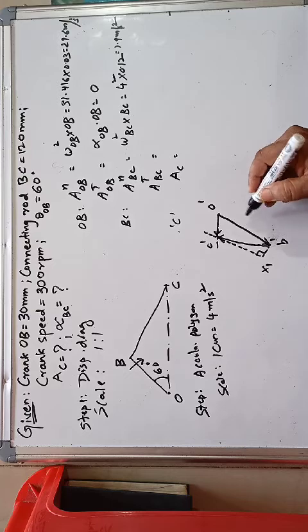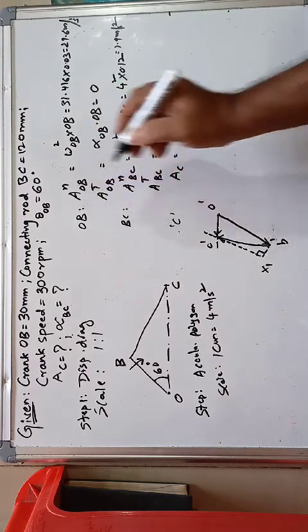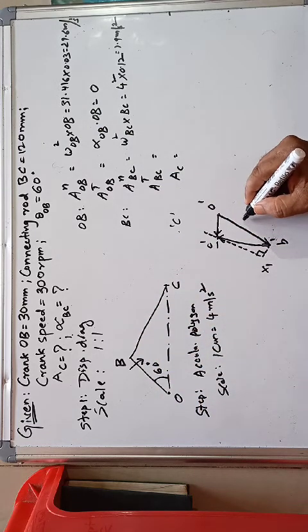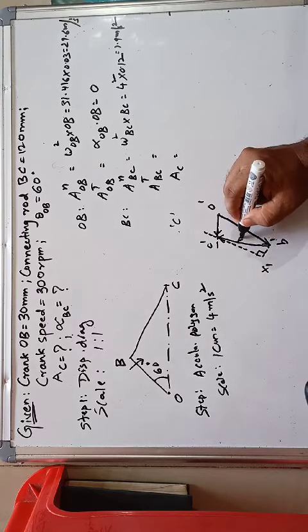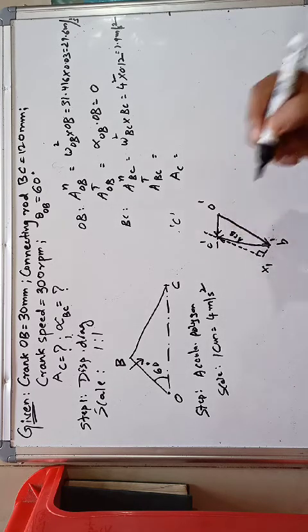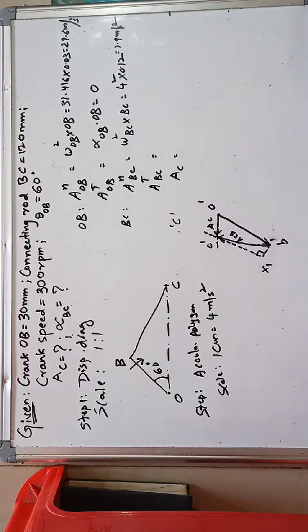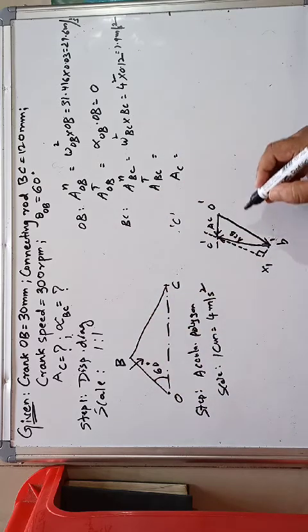So we know that O dash B dash is nothing but OB, the normal acceleration. Here it is ACB, and this is AC, and OB, so you can write the angular acceleration.